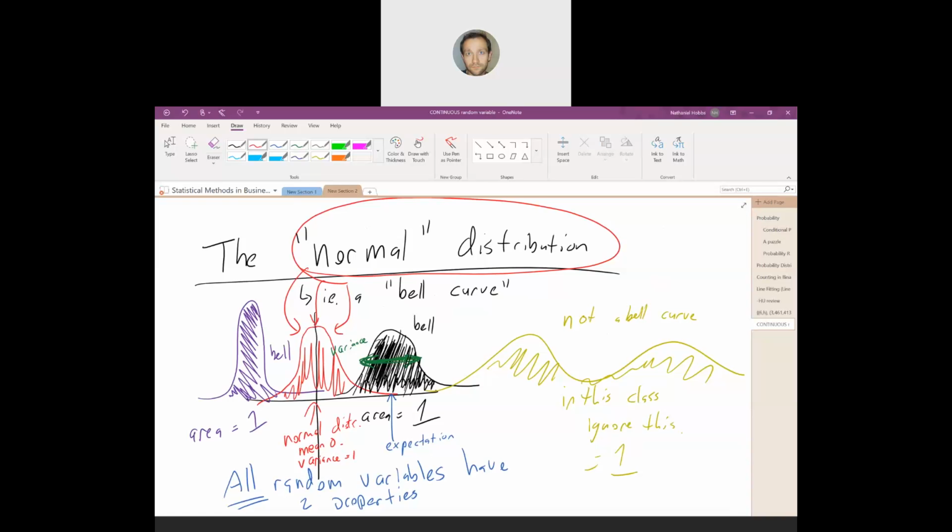Now, it turns out, and I don't know if we'll be able to get to this in this course, but if not, let me just talk broadly, quickly. You can change the black bell into the red bell. You'll notice that the black bell is to the right of the red bell. So you can shift the black bell to the left, and that way it's centered on the same spot.